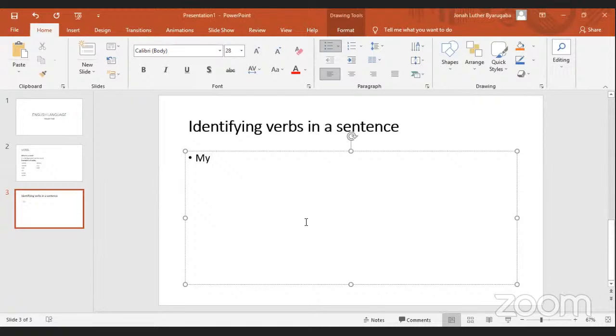My mother will eat food today. Which word in that sentence represents a verb? You're going to type in your chat and send your answer right here so that we can avoid copying from one another.